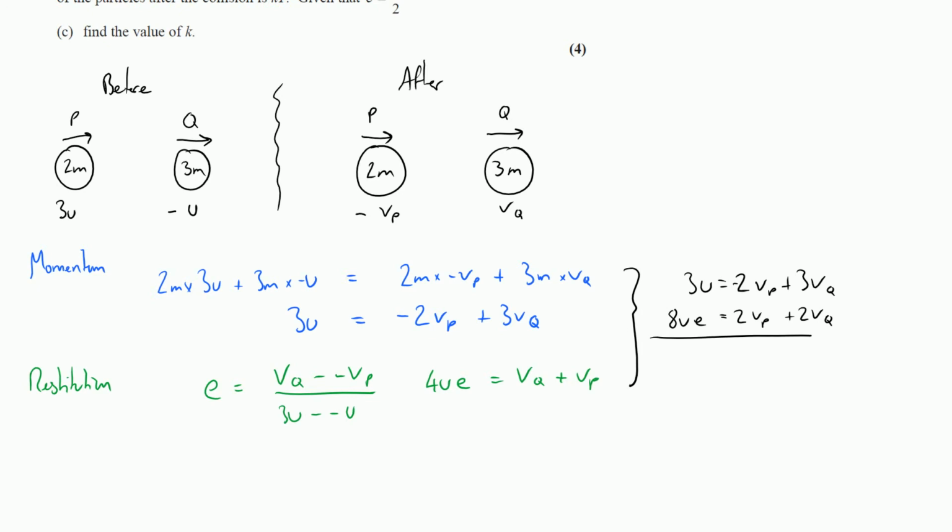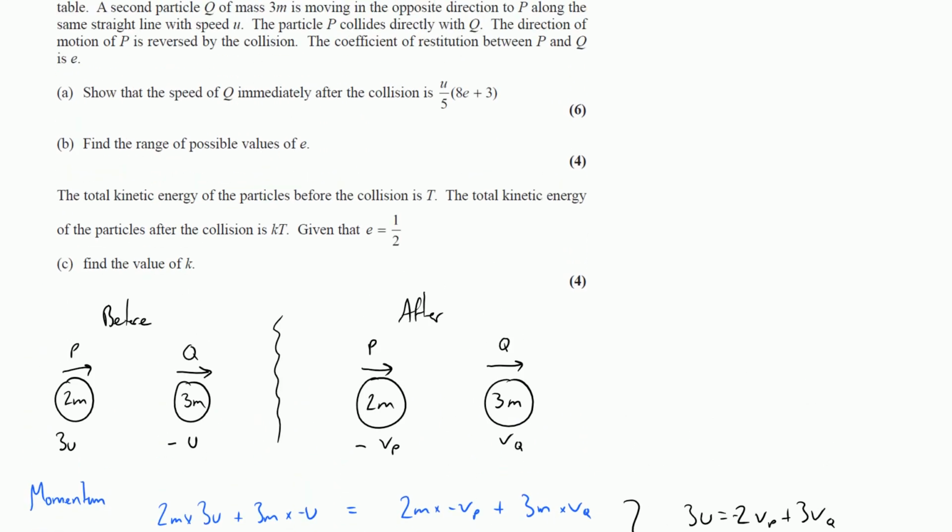At this point, I can add my two equations together to eliminate the Vp value, so that gives me 8ue plus 3u is equal to 5Vq, and dividing by 5 and factorising the u at the same time, I've got u over 5 of 8e plus 3 as my value for Vq, which is exactly what the question had asked for.